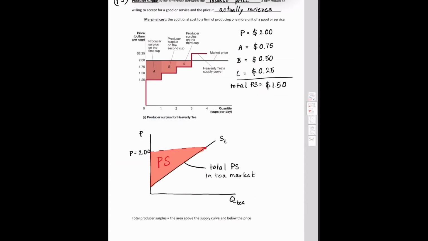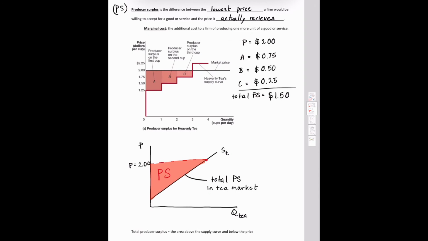So now let's move on to producer surplus. Remember, producer surplus can be thought of in the same way as consumer surplus, but we're looking at it from the producer perspective.